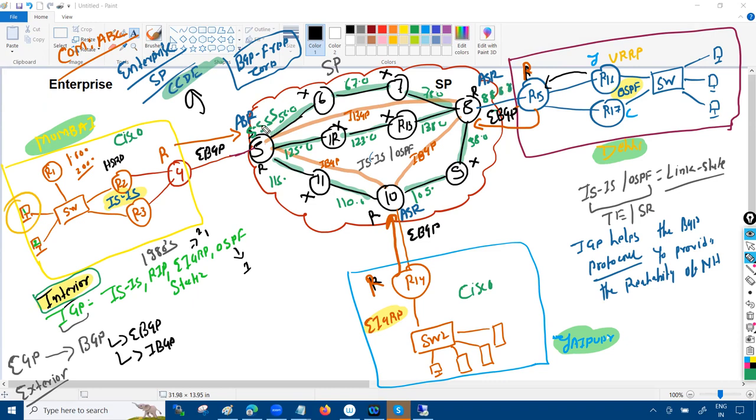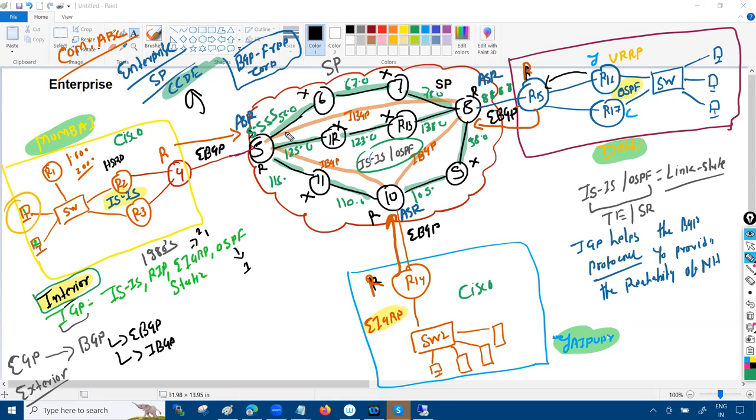These loopbacks are reachable by any of the IGP protocols. If they are not reachable, then what happens? Your BGP route cannot become a best route.